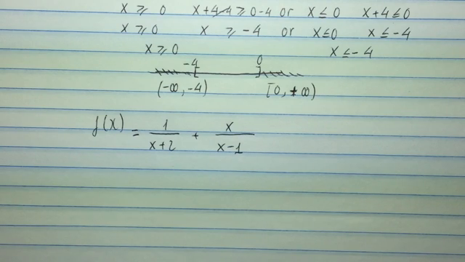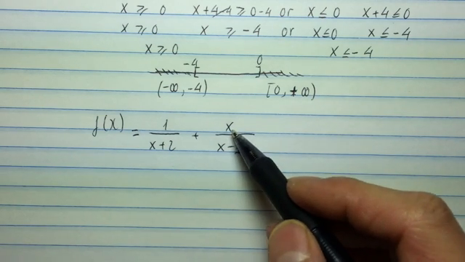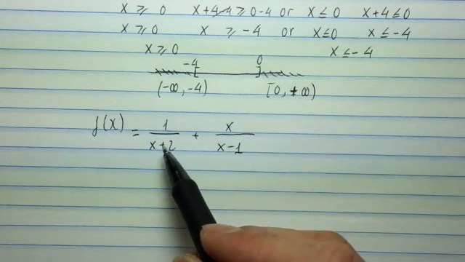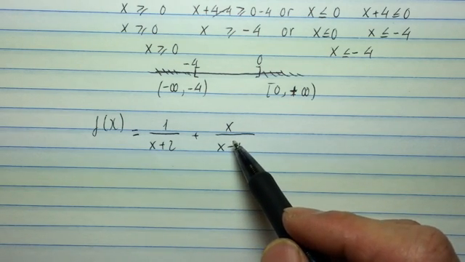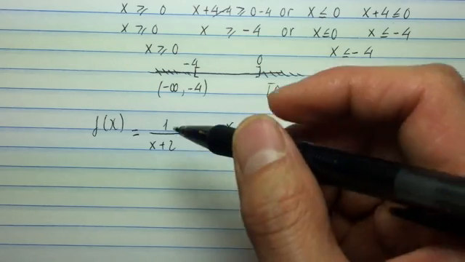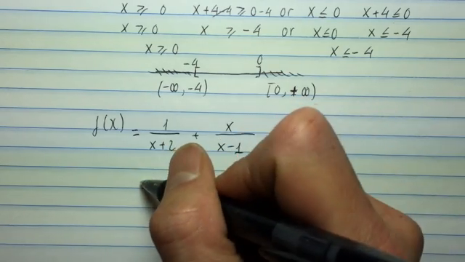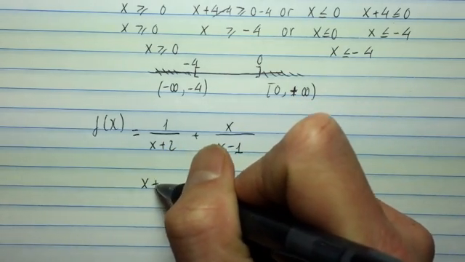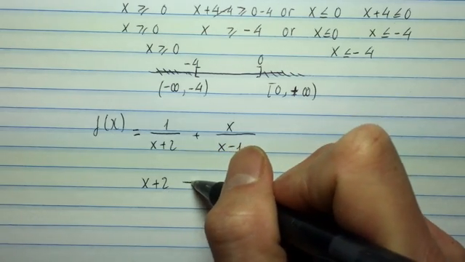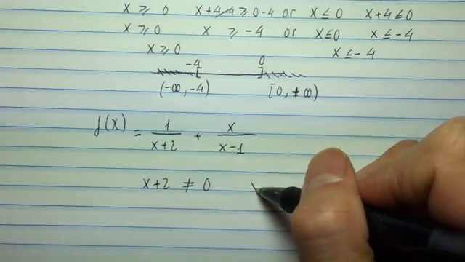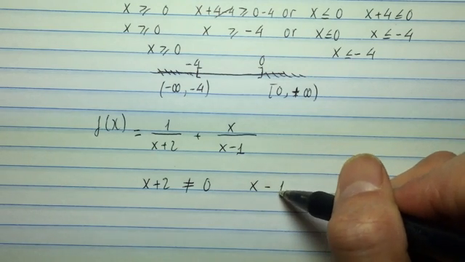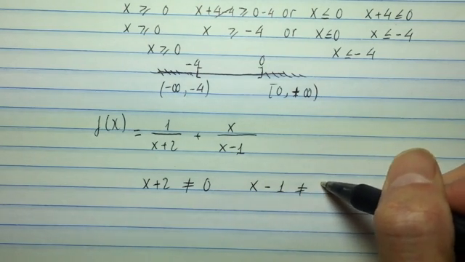Now we need to take a look at the denominators, x plus 2 and x minus 1. They both cannot equal 0. So x plus 2 cannot equal 0 and x minus 1 cannot equal 0.